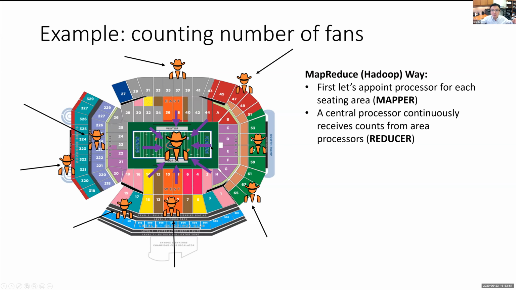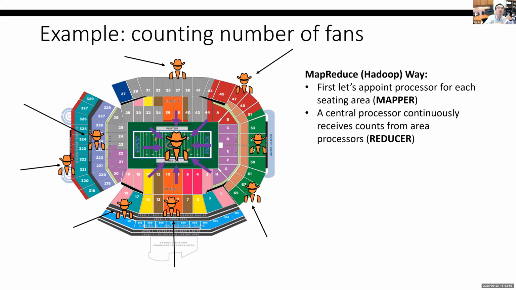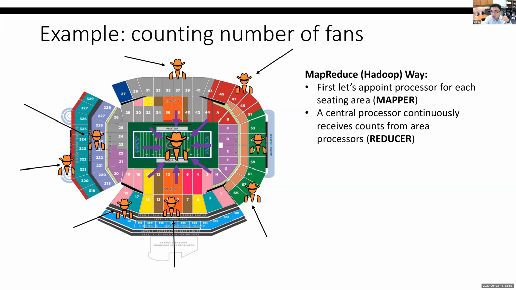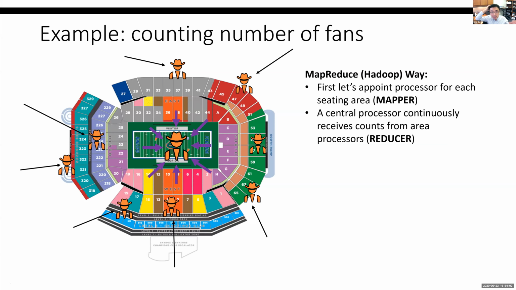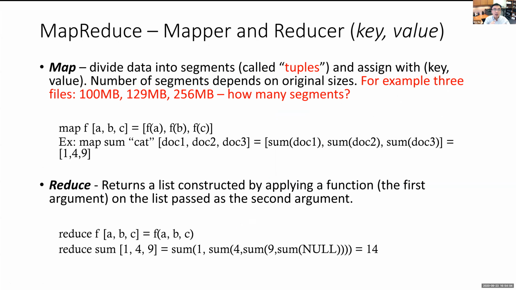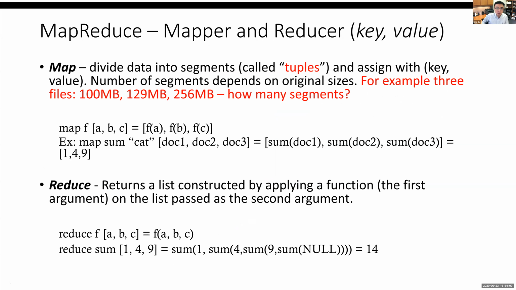And this process of, hey, how many people supporting A&M from your sitting area? Okay, how many people supporting A&M from your sitting area? This process is called reducing. Makes sense? So mapping and reducing. This is the formal process of MapReduce.